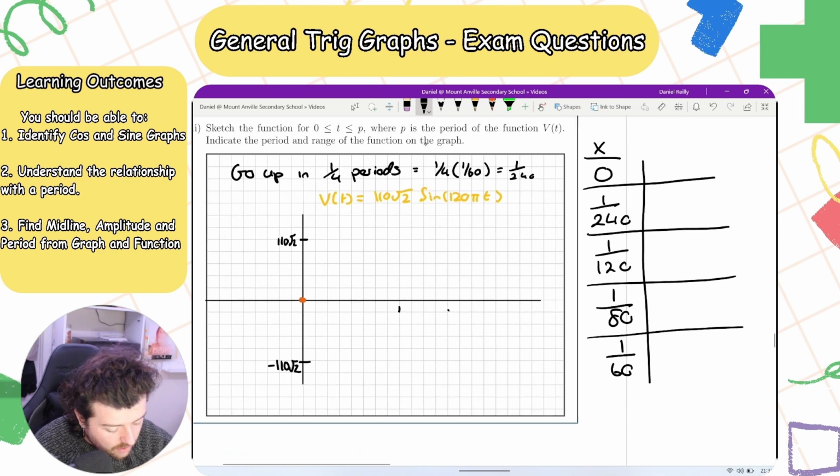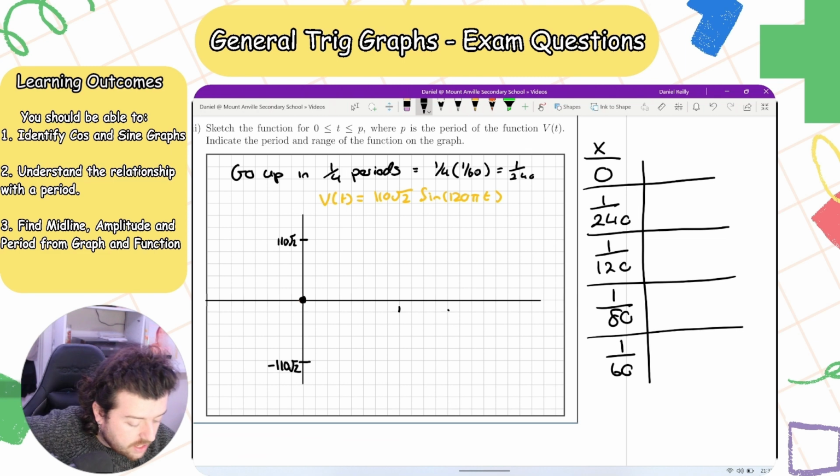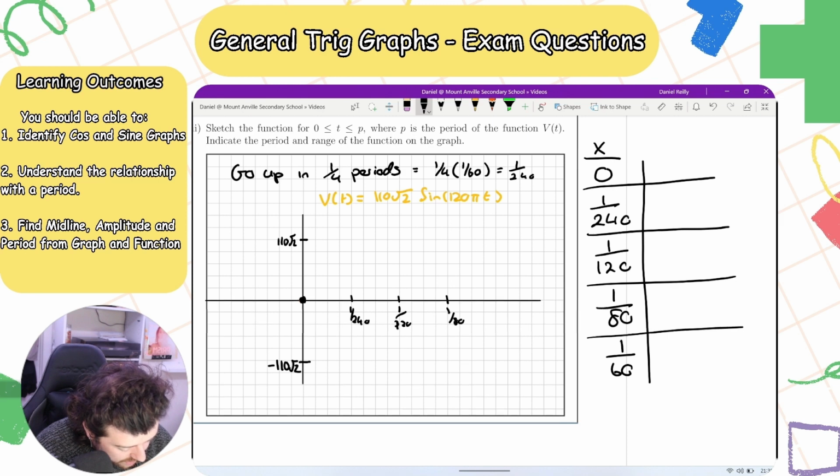For this graph, it's a sine graph, so it's starting at 0. Again, you can put all these in your calculator and make sure it's in radians. So 1 over 240, 1 over 120, 1 over 80, 1 over 60.